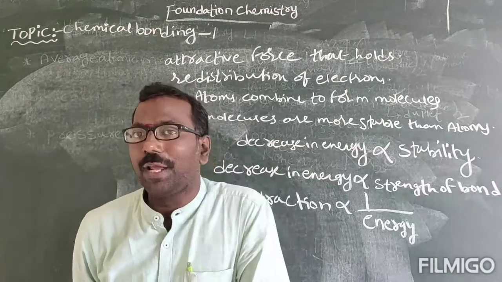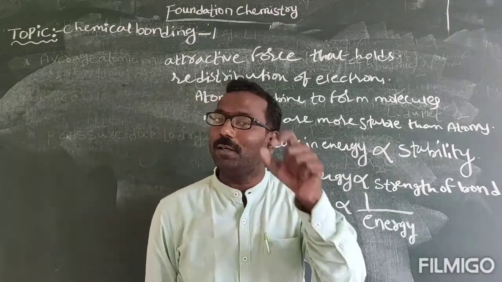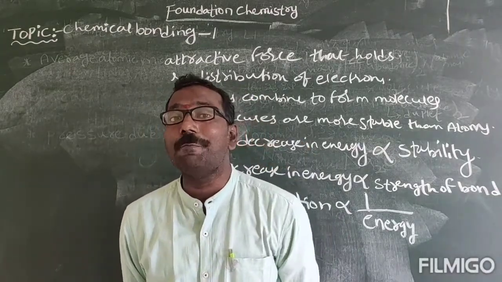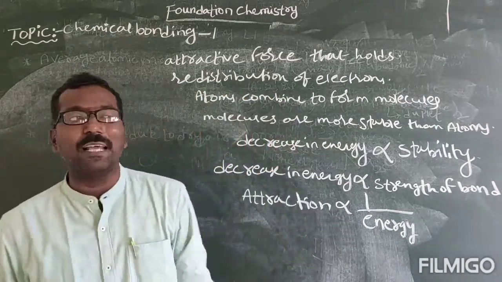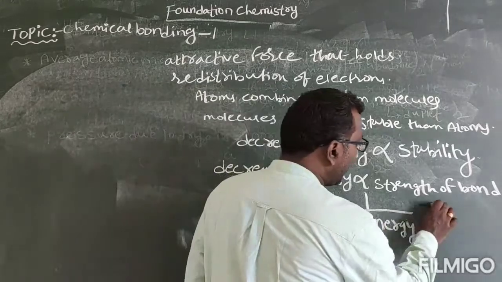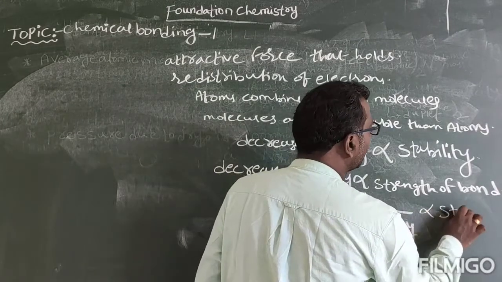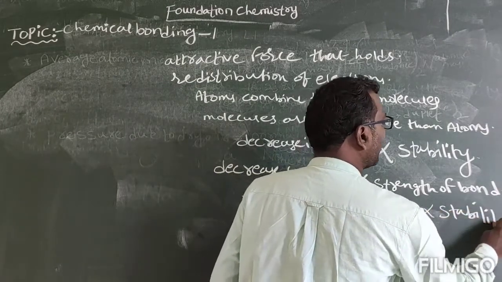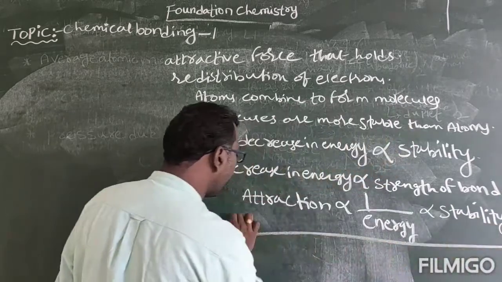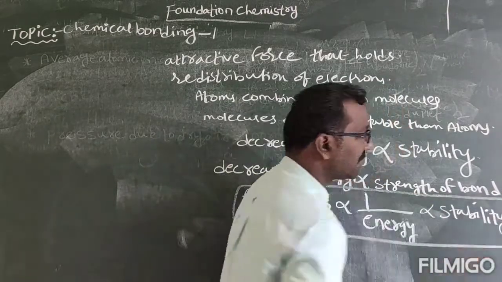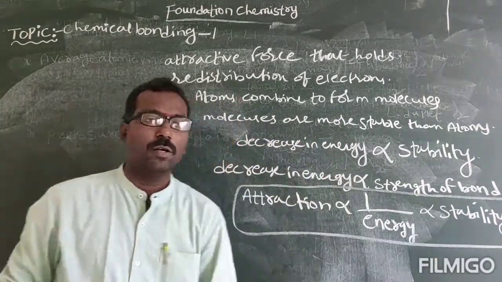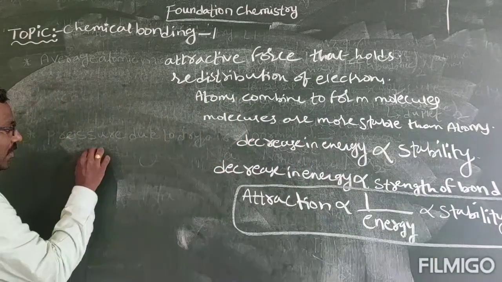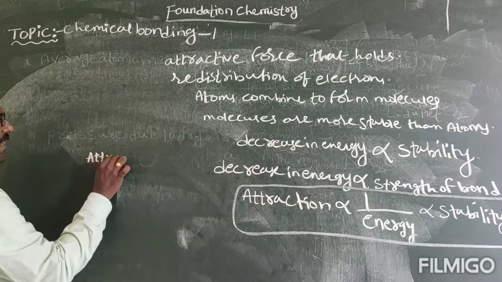In the same way, here there is one word, that is stability. Attraction is inversely related to the energy and is directly related to the stability. This is the major concept question, a competitive question for competitive exams in chemical bonding.